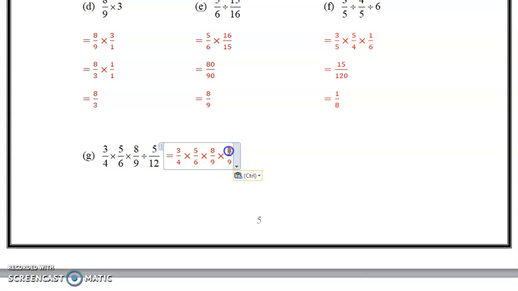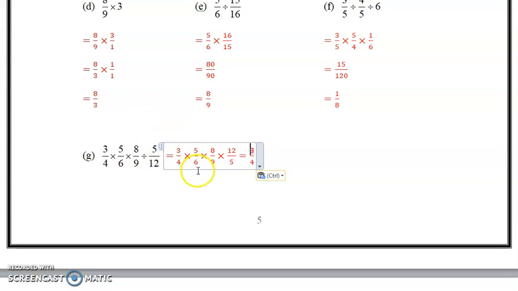So we change that to multiplication. Take the reciprocal, 12 over 5, and then we say this is equal to, again, you can do some simplifying if you want, or you can just multiply it out. It's up to you. This one is one where you probably should try to do some simplifying first.